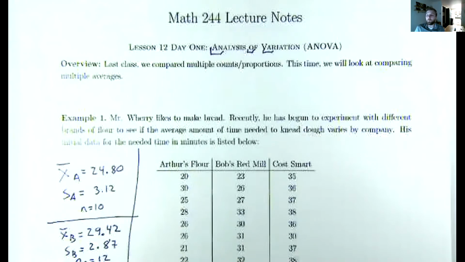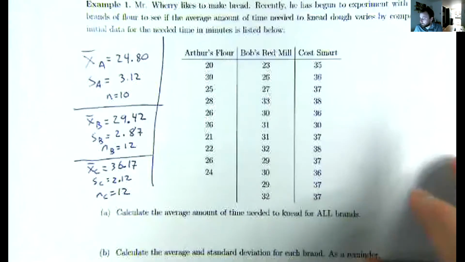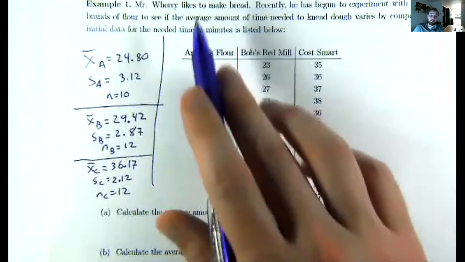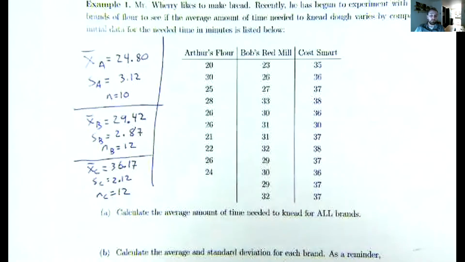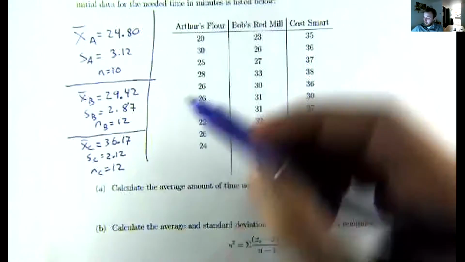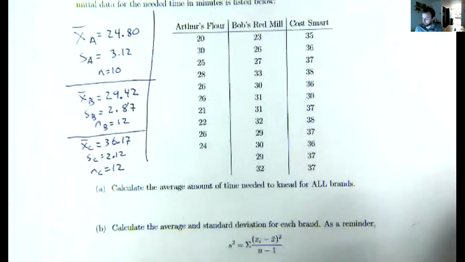So ANOVA will be measuring a lot of different types of spreads and trying to see if there's a difference in averages. So here I have my 3 flour amounts written down again, and I've calculated those averages and standard deviations on the side. To find the averages, I add up all the values and I divide by the number of samples.